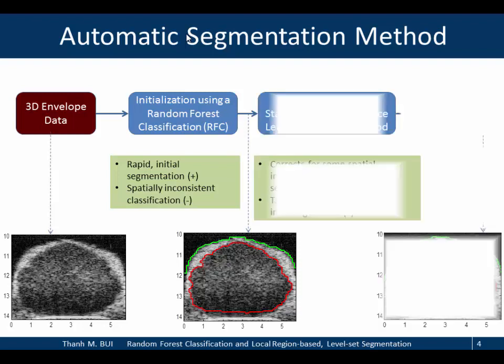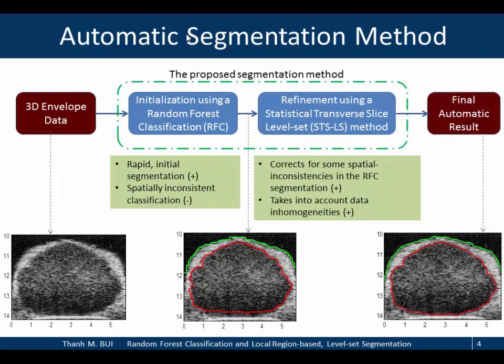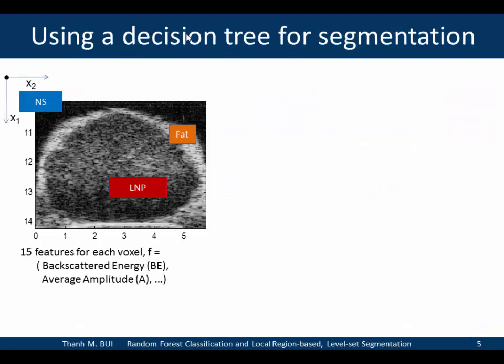Therefore, we refine the random forest segmentation result using the level set method to correct some spatial inconsistency, and our level set method takes into account the data inhomogeneity due to attenuation and focusing effect. In the next slides, I will briefly present the main idea of each step.